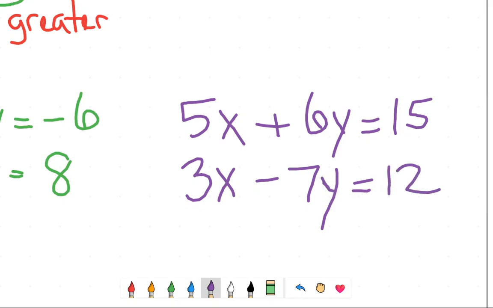This would qualify for the elimination method because the coefficients are greater than 1 and the equations are in standard form. So this is a mini lesson on what method to use when you are finding a solution to a system of equations. The two methods in this case would be either substitution or elimination.